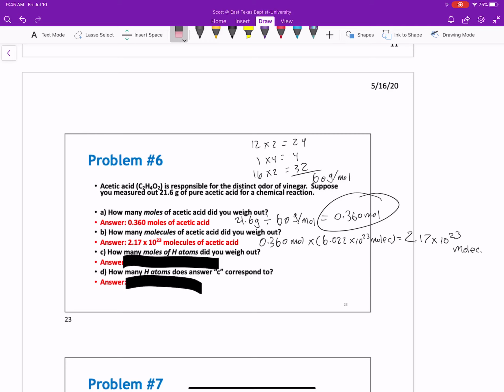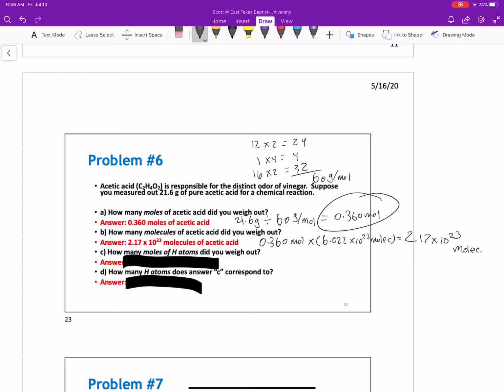Okay, how many moles of H atoms did you weigh out? What I know is that I have 2.17 times 10 to the 23rd molecules total. I also know that there are 0.360 moles of acetic acid based on my answers. I think the easiest way to approach this one is to start with moles.